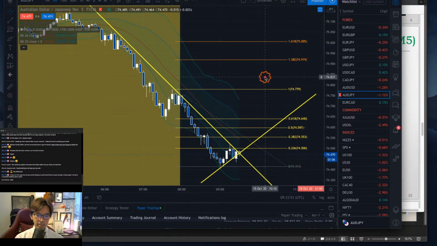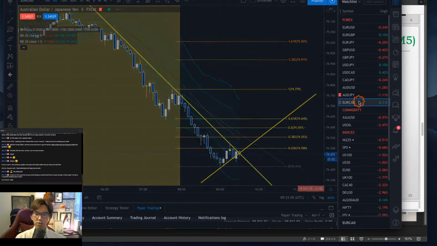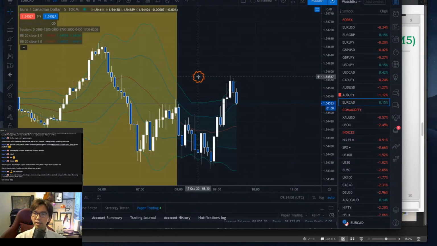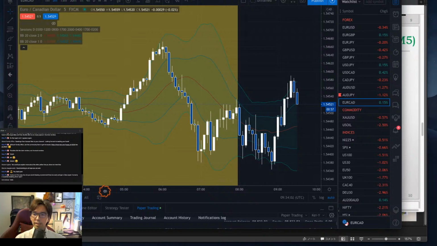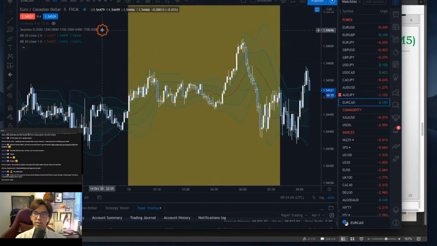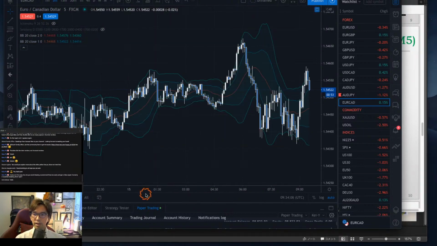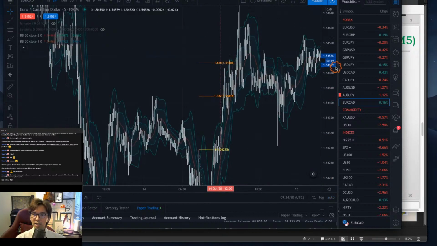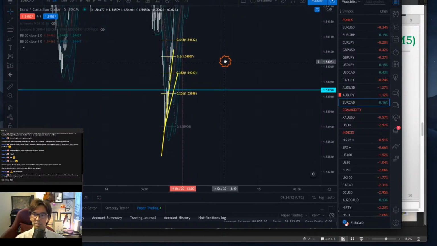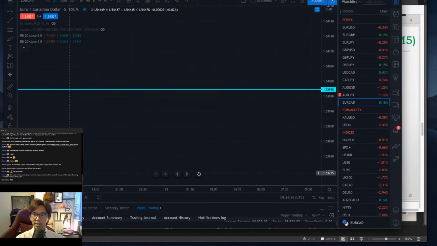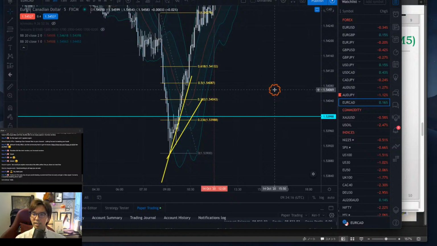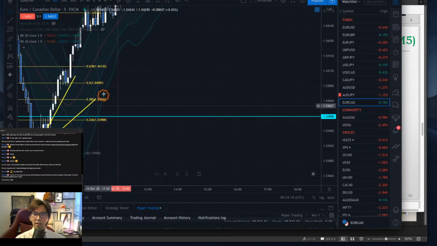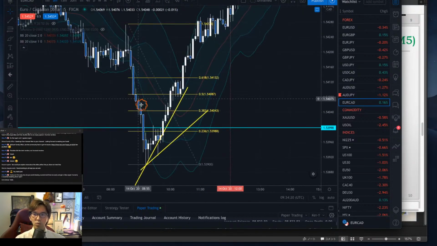But let's say it continues to go up, like we saw on EURCAD yesterday. Hold on, like this. We were looking at the market exactly like this yesterday on this EURCAD, and this was an even stronger downtrend because it was band walking.